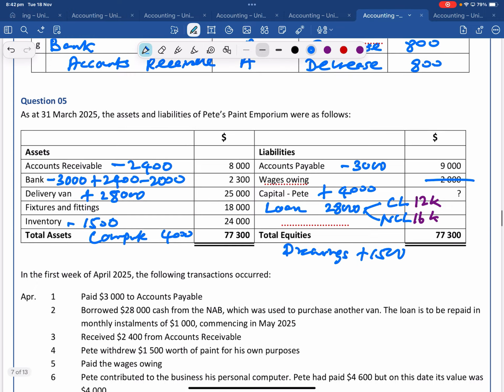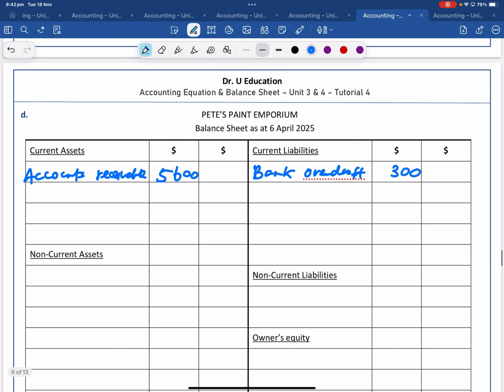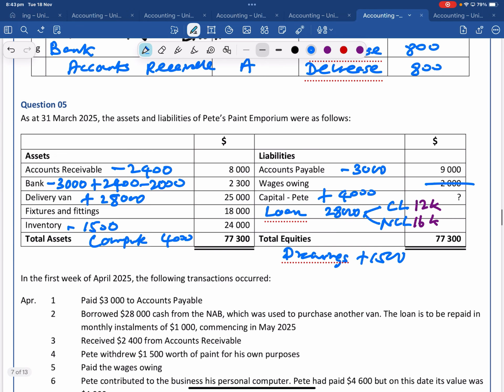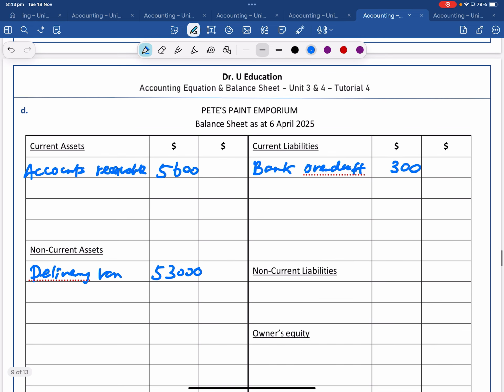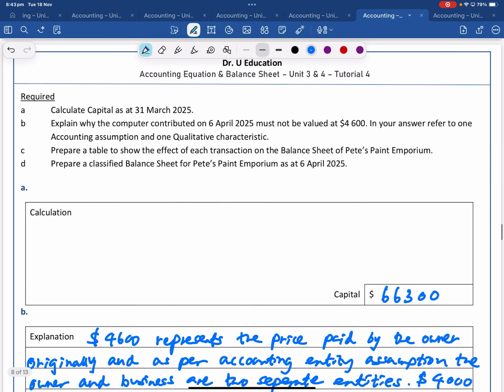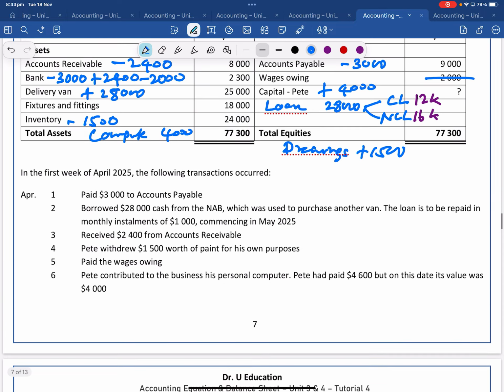Delivery van 53,000. Current, non-current asset? Oh no, fixtures and fittings. Yeah, 53,000 here. Right. Next one. Fixtures and fittings 18,000. Okay.